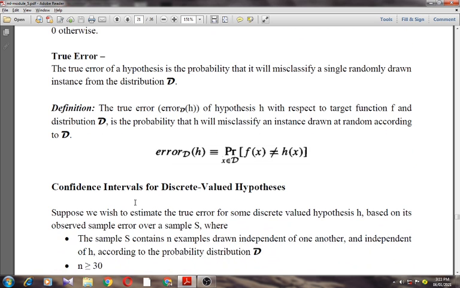Then the next important concept is confidence intervals for discrete valued hypothesis.